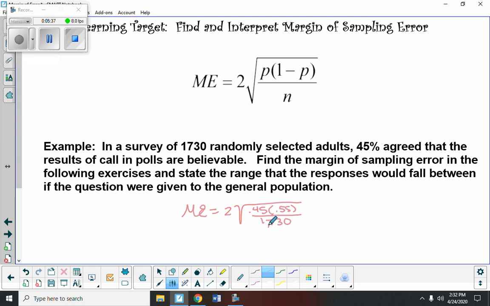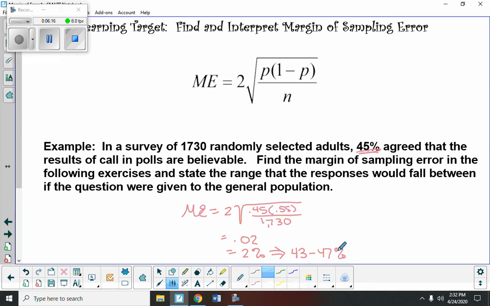When you type that out, you end up with 0.023, so 0.02, which is 2%. So it would be 2% either way. The range would be from 43, because it's 45 minus 2, to 47, which is 45 plus 2. So the actual range is somewhere between there if you were to survey all adults.